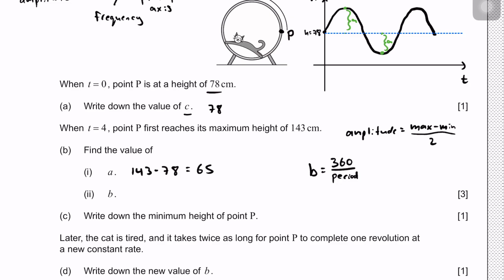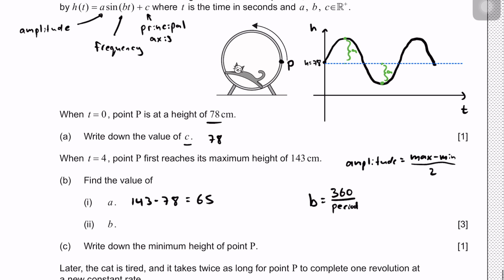360 over the period. And what is period? Period is the time taken to complete one up-down cycle, one complete revolution. So P going back to its starting point. How long does that take? When T is equal to 4, it reaches its maximum. So here, we know it takes 4 seconds to go from here to here.